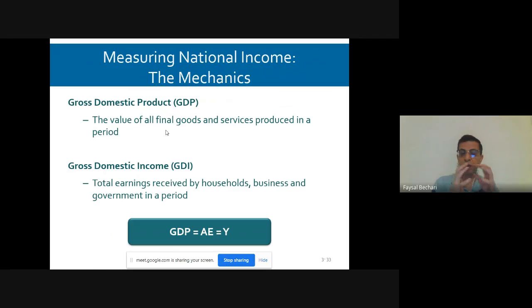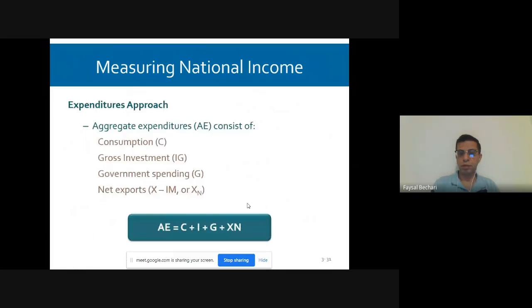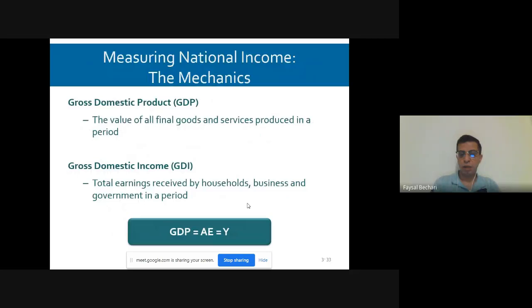On the other hand, gross domestic income is the total earnings received by household, business, and government in a period. That means including the money from foreign investment. So GDP is equal to income and equal to aggregate spending. They all have to be equal to each other.